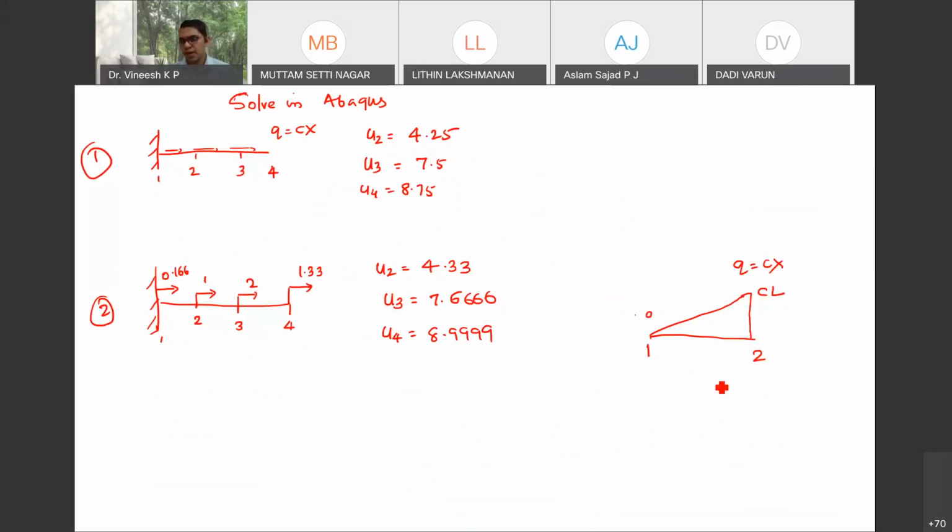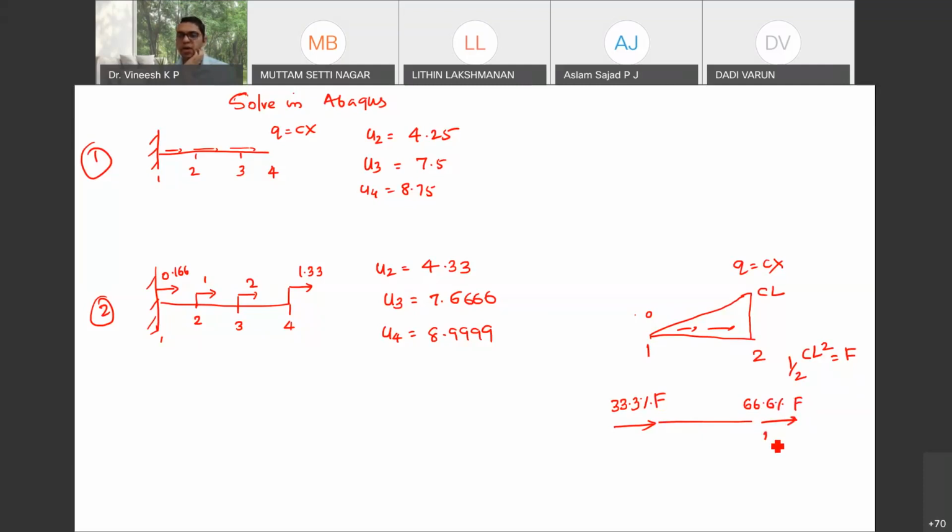Then let's say the total load is equal to the area of the triangle, that is half of CL square. Let's say F. In case of a triangular load condition, we can convert it into the nodal load by applying 33.3% F on the first node and 66.6% F on the second node.